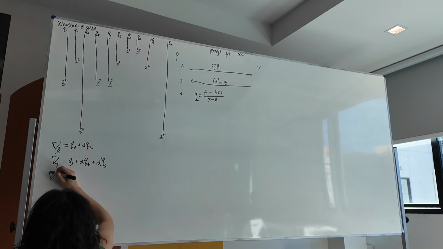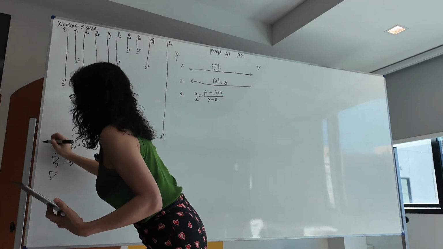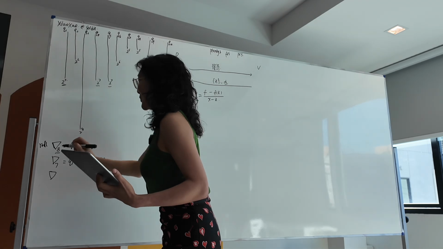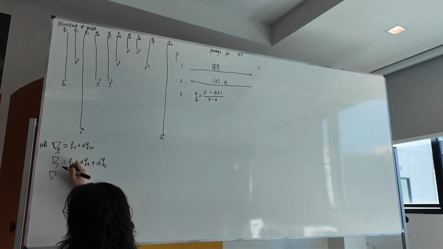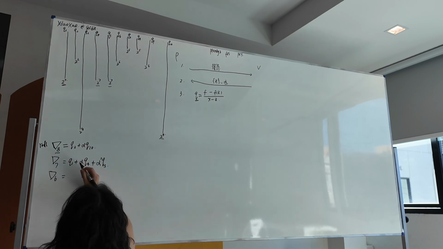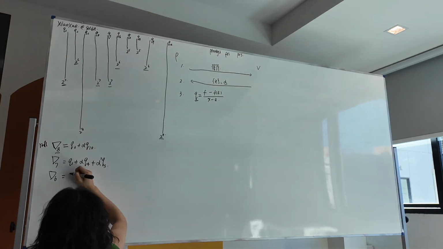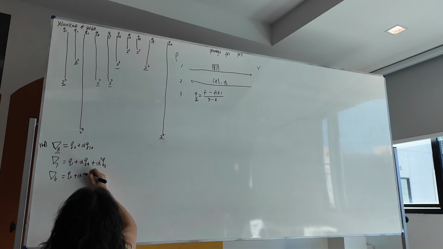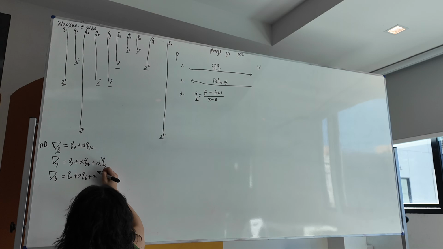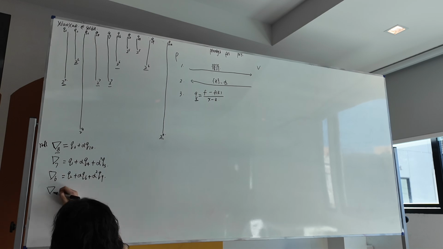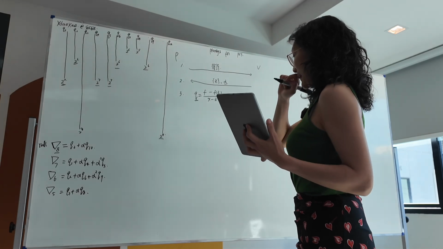Similarly, I will call this row 8, row 7, and now row 6 should be these three, Q2 plus alpha Q6 plus alpha power Q9, and last, row 5 will equal Q7 plus alpha Q8. Okay.